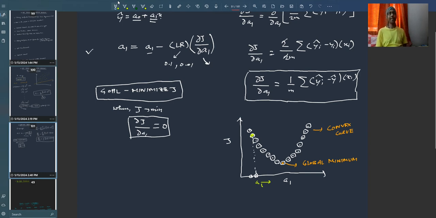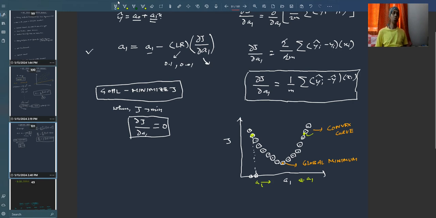In a different case, the initial j can be somewhere here. This means A1 is somewhere here and j is decreasing, but it will decrease with the decrease of A1. So A1 will keep on decreasing, j will keep on decreasing till the minimum point is reached and again the reversal happens. So the decrement of A1 has to be stopped.